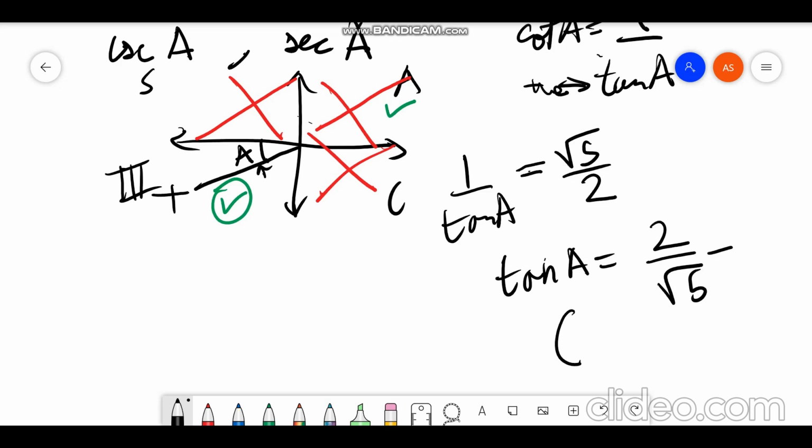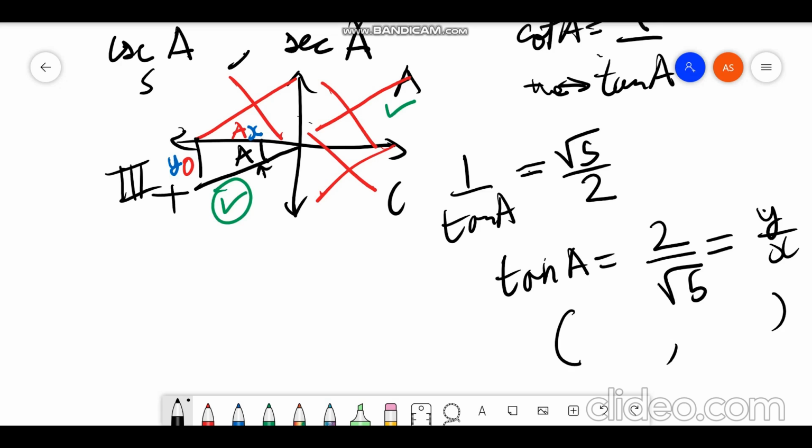Since tan A is opposite over adjacent, the opposite goes on the y-axis and the adjacent goes on the x-axis. So opposite over adjacent is y over x.